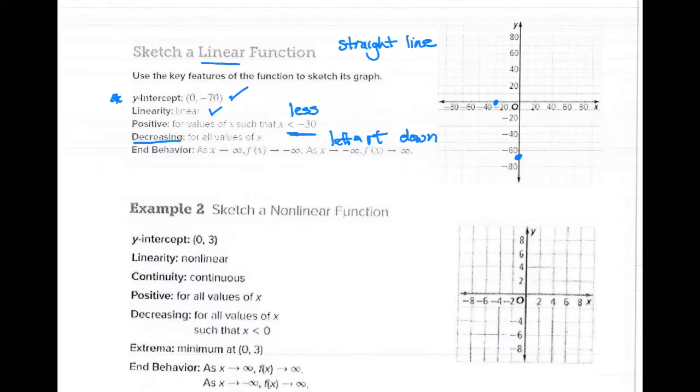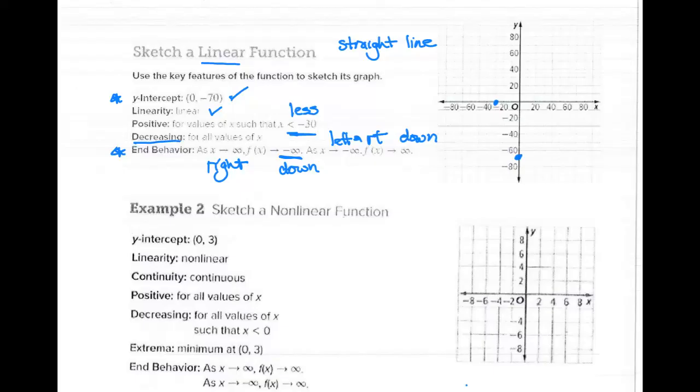So from left to right, it's decreasing, so it's going down. All right? And then finally, it says, this is the end behavior. This is the really important part too. As x is going to positive infinity. Which direction is positive infinity? To the right or to the left? To the right. As we are going to the right, my y values are going to negative infinity. That means it's going up or down? Down.